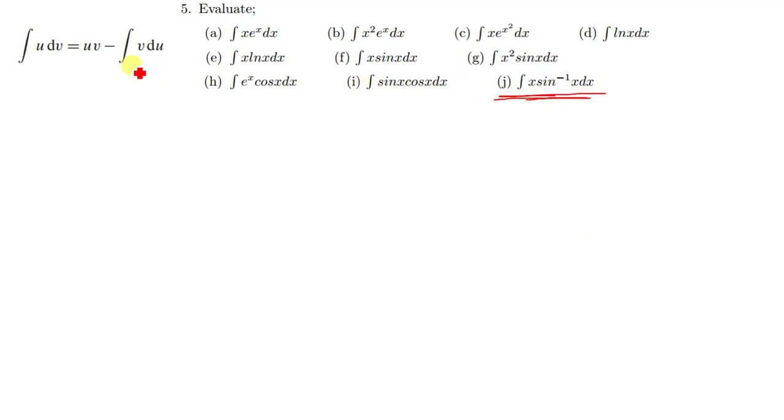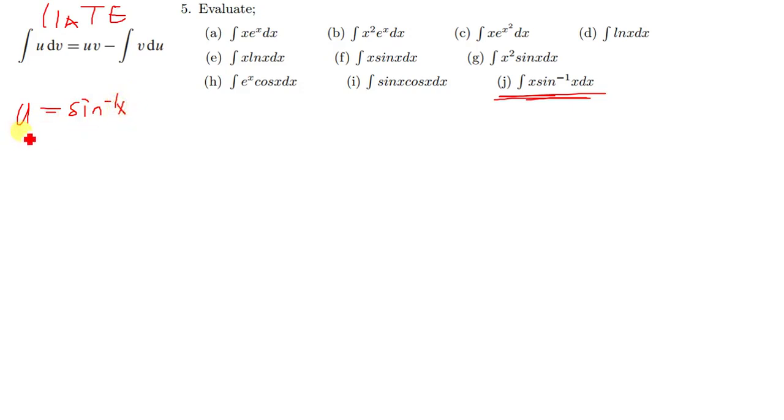For this question here, you can see that from LIATE, our u is going to be equal to the inverse, because the inverse trigonometric is coming first and not the algebra. So my u here is just going to be equal to sine inverse of x.